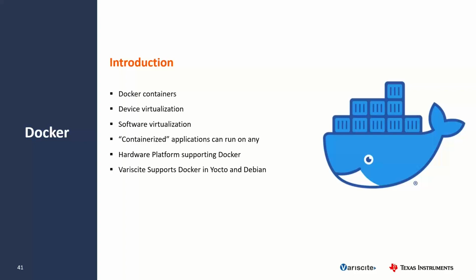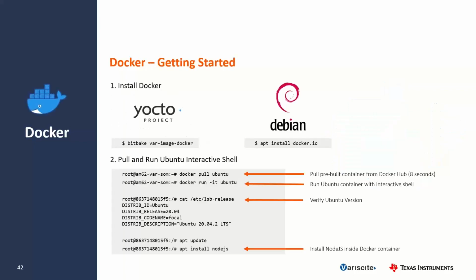Just as an example, in Yocto, you need to build a specific image that has the Docker support, while in Debian, you just need to download the Docker packages from the Debian repository. But once done, the approach is the same.